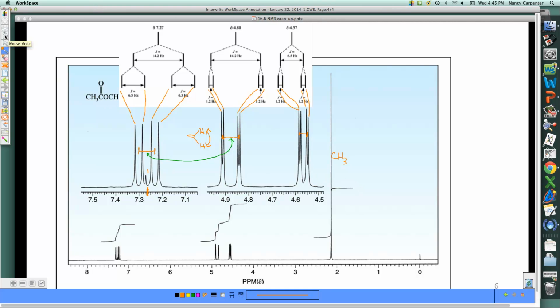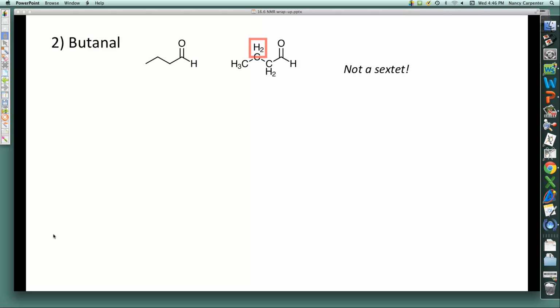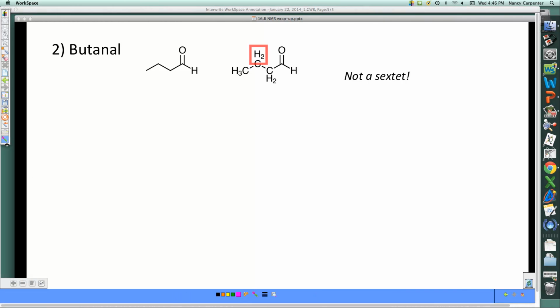We'll look at another example of constructing tree diagrams or splitting diagrams when we look at another example from the book, butanal. And the book does a really nice job of explaining that that middle CH2 sure looks like a 6-line pattern, but it's not. It's not a sextet, and we can understand that if we look at a splitting diagram.